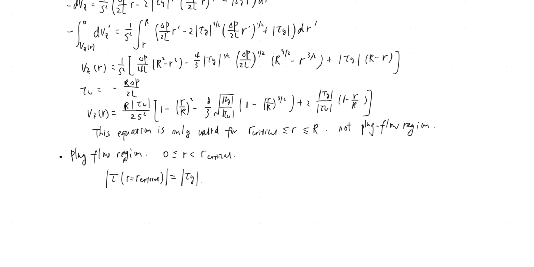So that means R critical equals capital R multiplied by tau y divided by tau w.